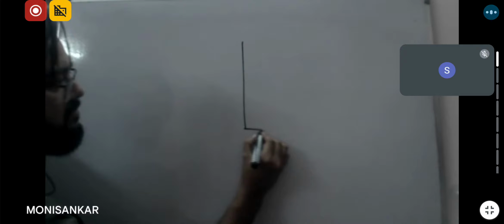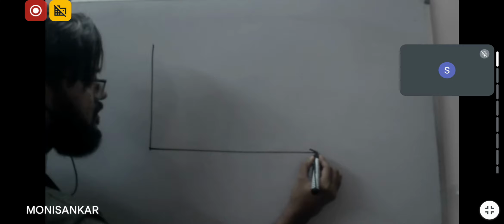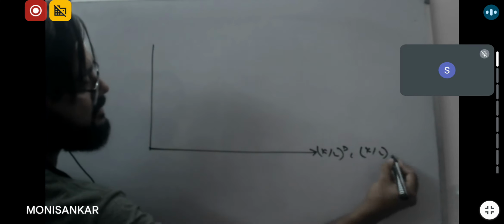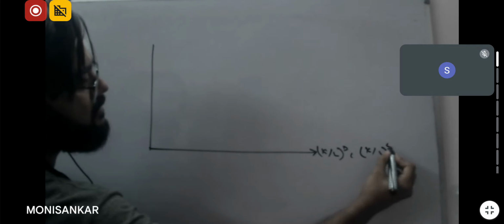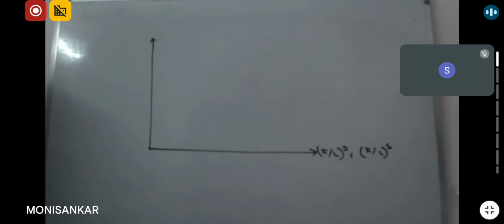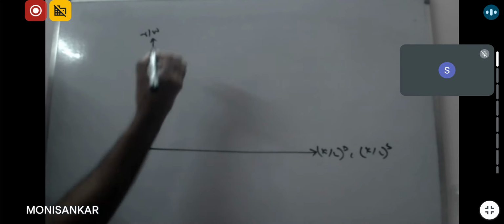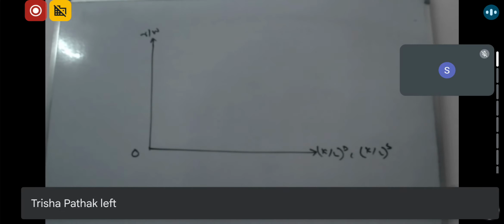Suppose in country 1 and country 2, we measure K by L relative supply and demand. And here you measure R by W, the relative price, against the relative supply.